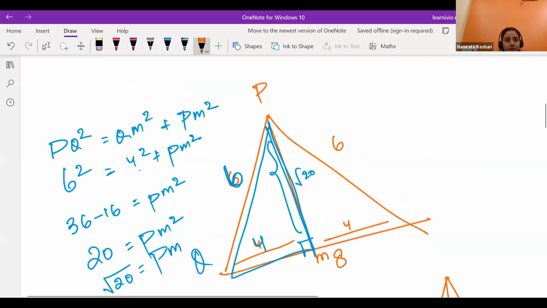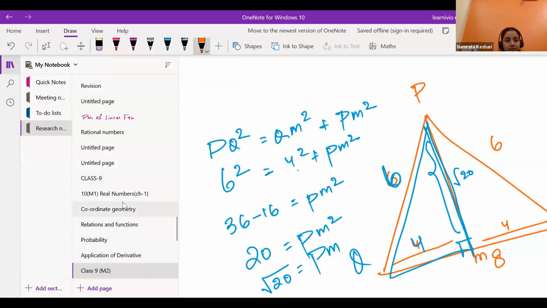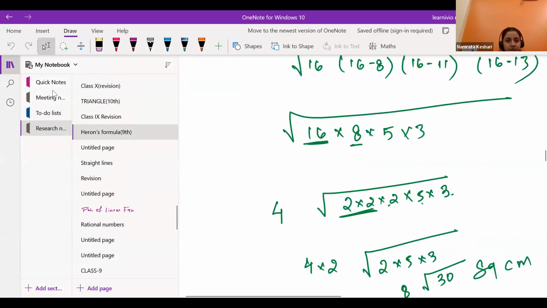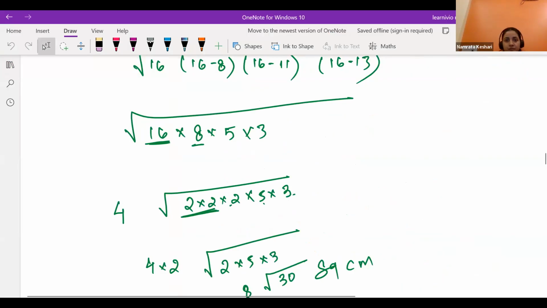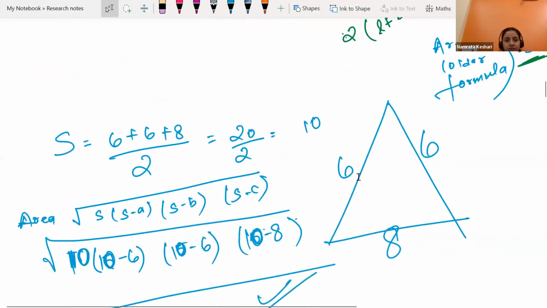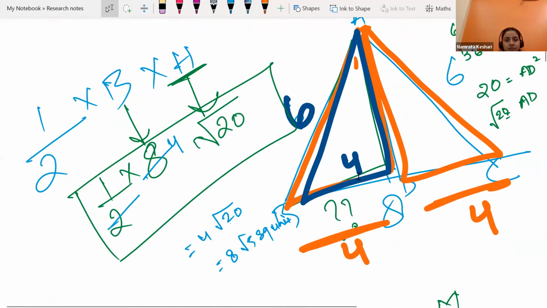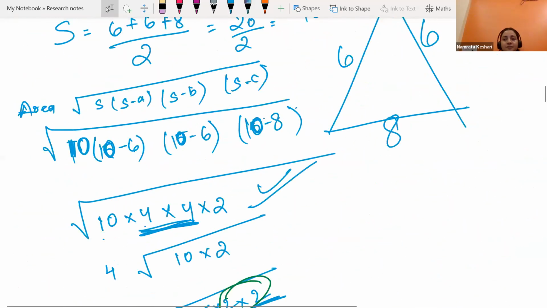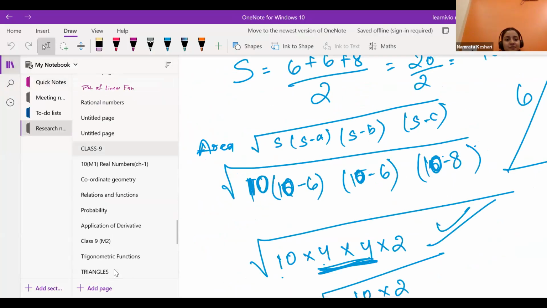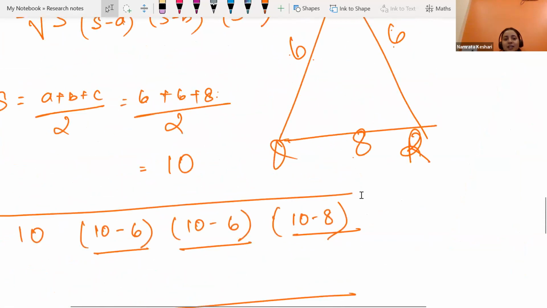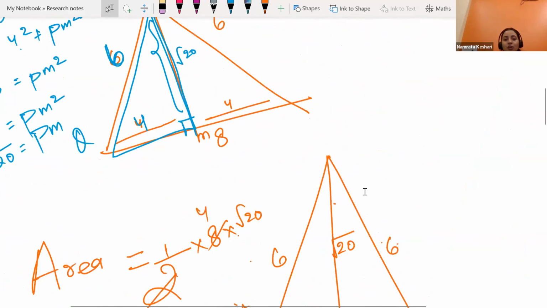Let's check from the... Oh yeah, we have got... can you see it? It's minor, like how can we overlook it?